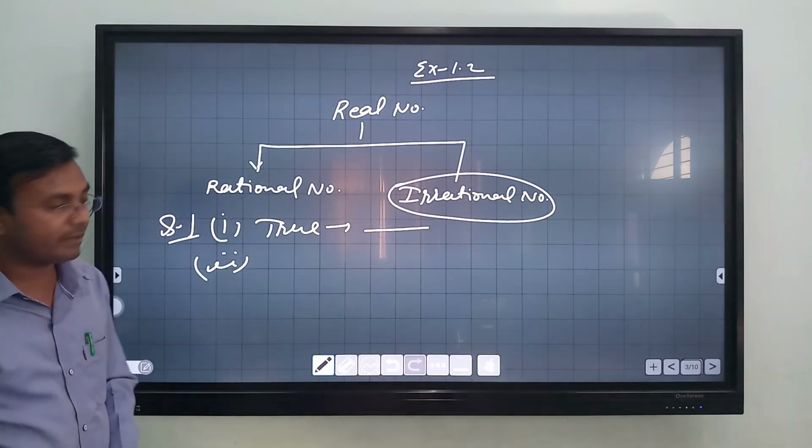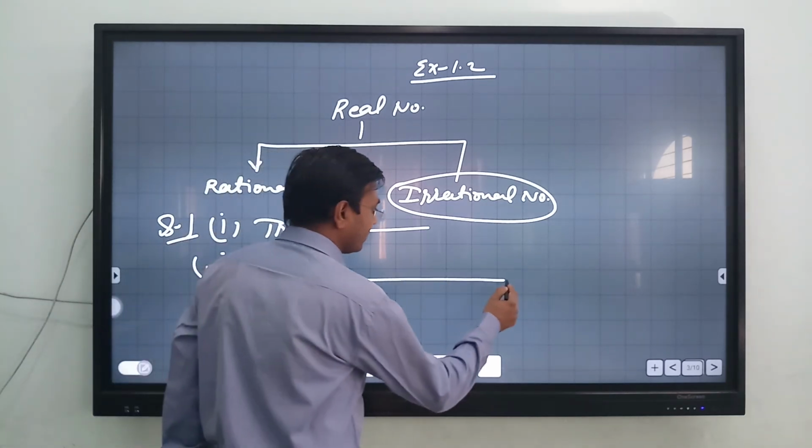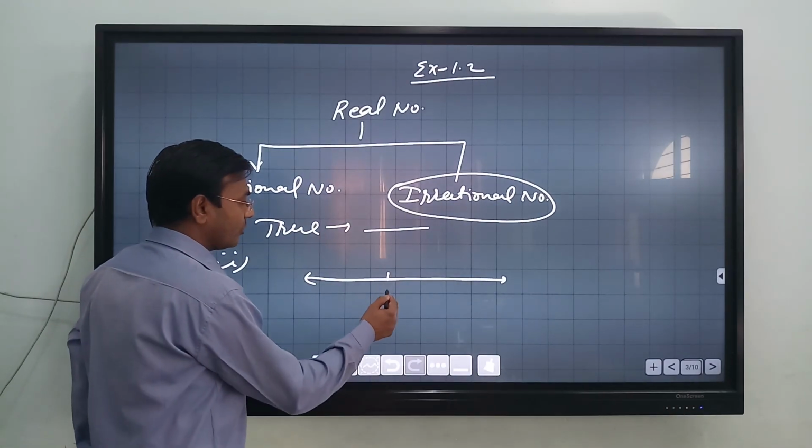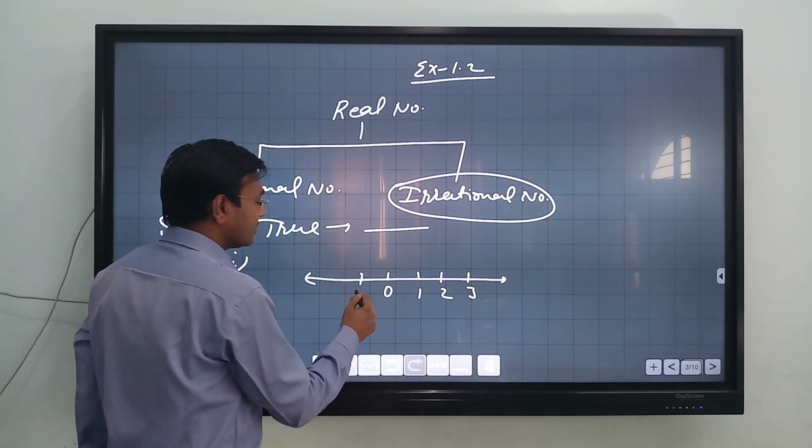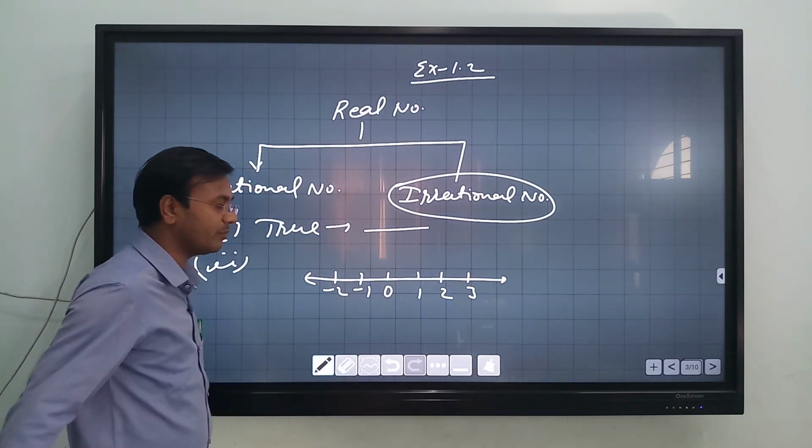every point on the number line. Let's see what a number line is. If I draw a line and write some numbers like 0, 1, 2, 3, same as -1, -2, this is called the number line.